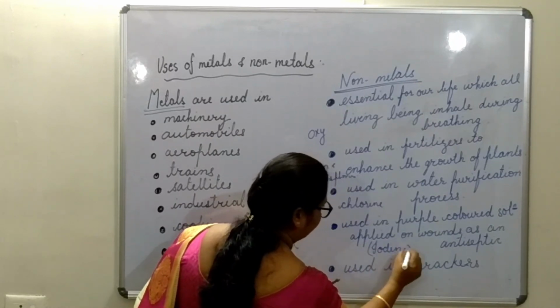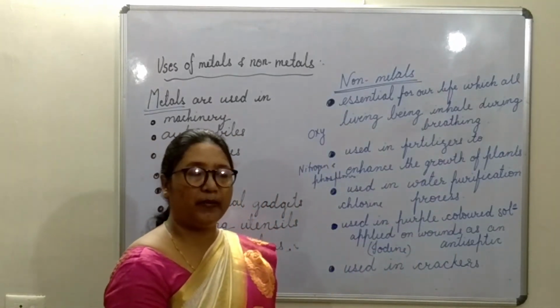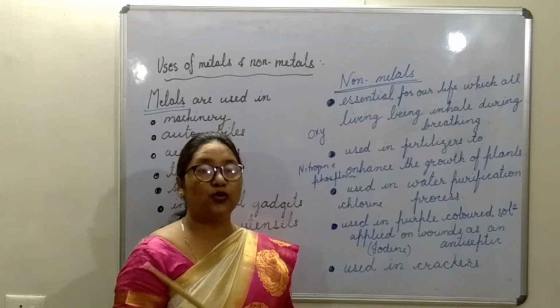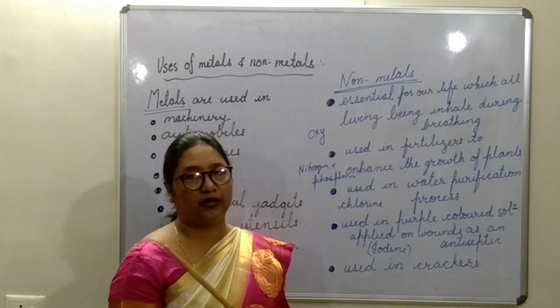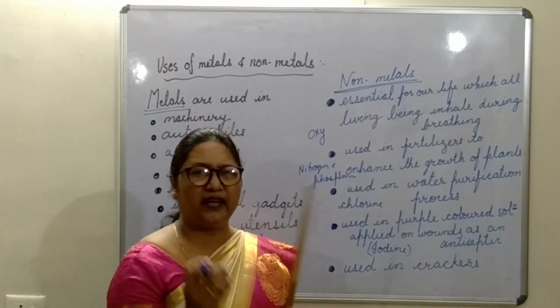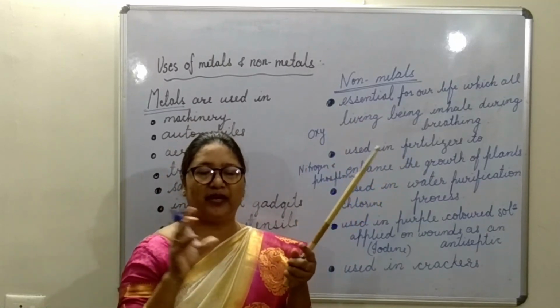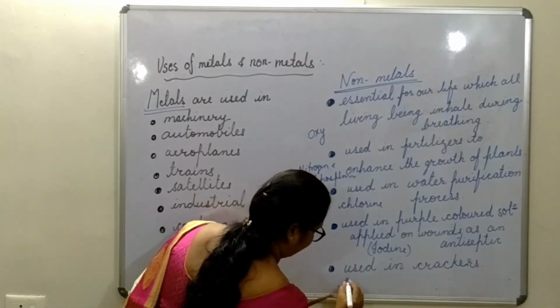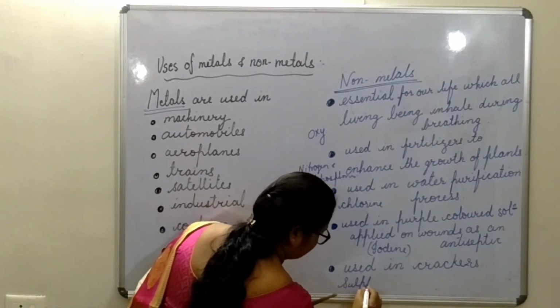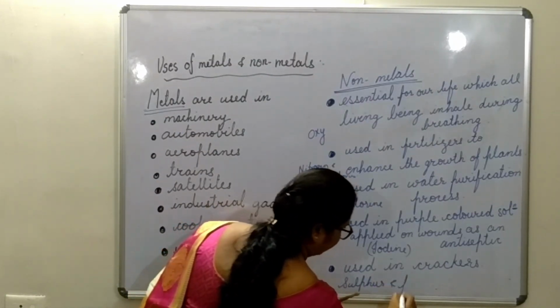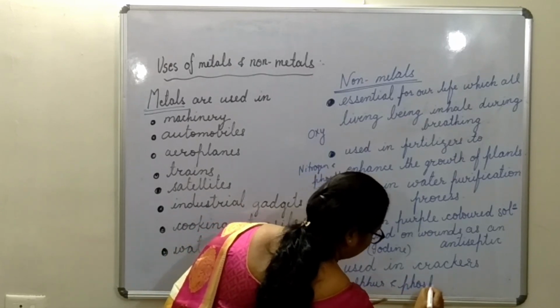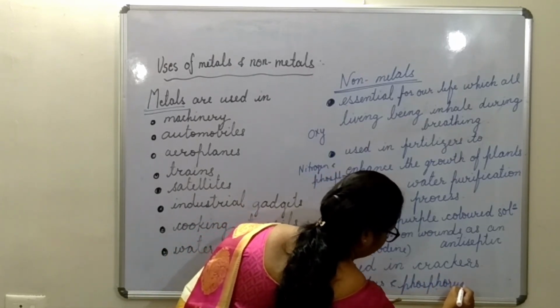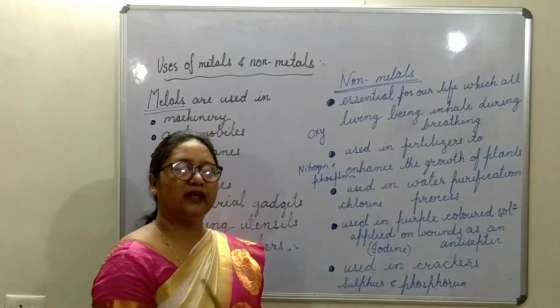Now, which non-metals are used in making crackers to get a very vibrant and very bright light? That is sulfur and phosphorus. So sulfur and phosphorus are used in the manufacture of crackers.